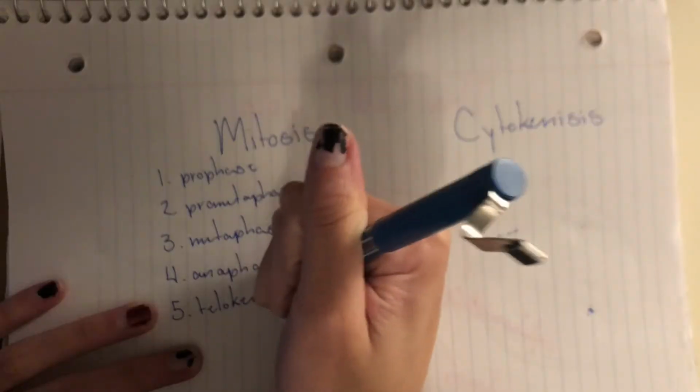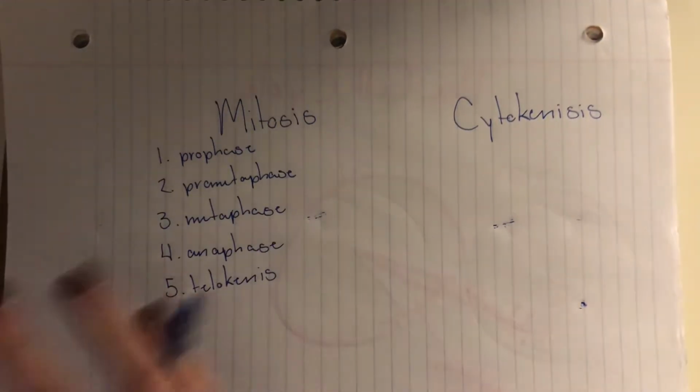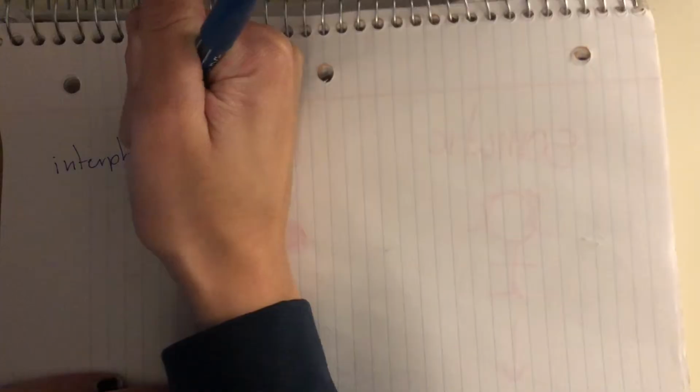Okay. So let's take a look at what is happening in the cell during each of these steps. So the first step, interphase. Again, I'm really tired. I meant to say prophase, not interphase. We already discussed that.